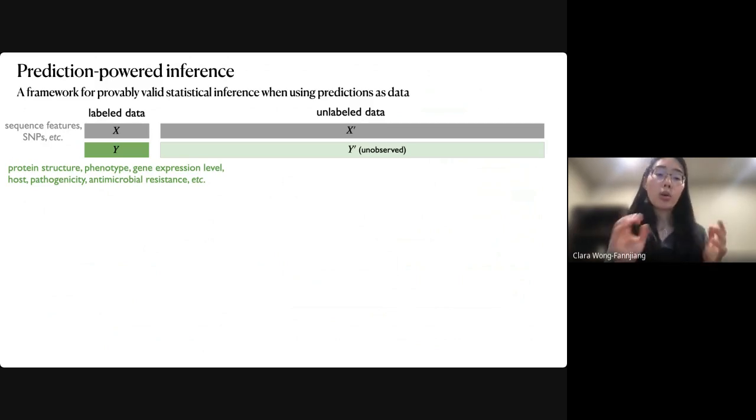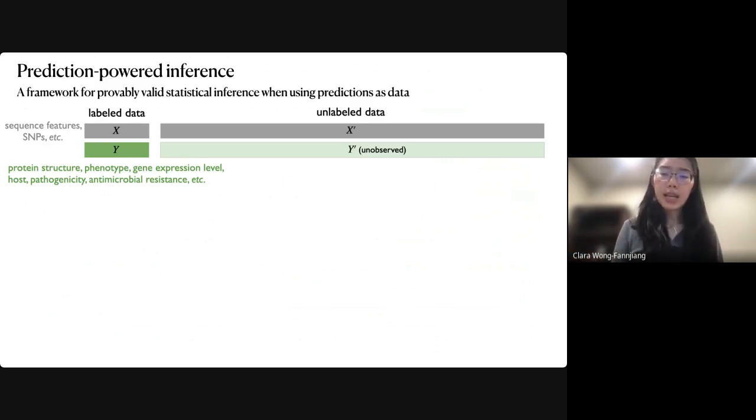So in addition to our gold standard data, we'll also have access to a much, much larger set of unlabeled data, indicated by these super wide bars. So in this unlabeled data, we also have features X prime, but here the labels Y prime are unobserved. We didn't do gold standard experiments for them.